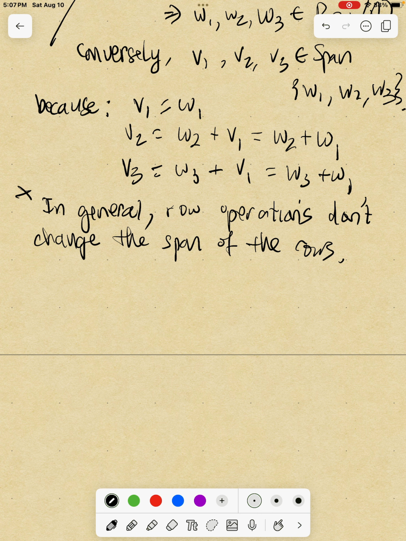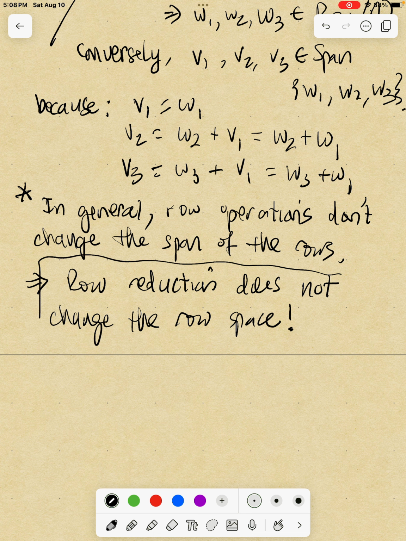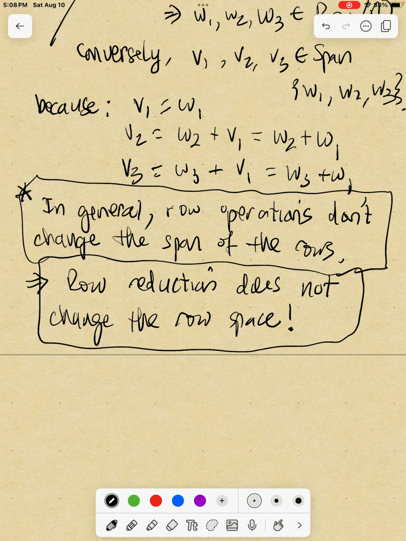So this is a key fact. And so that means that row reduction does not change the row space. Let's bold these, put them in a box.